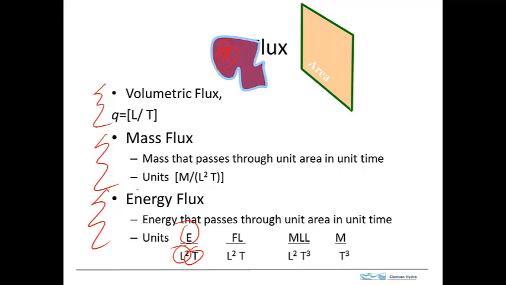So we can have fluxes of really many different things, of mass or energy, or we could have a flux of anything, of dogs, and it'll be whatever is fluxing going through a unit area in a unit of time. So we always have this down in the denominator.